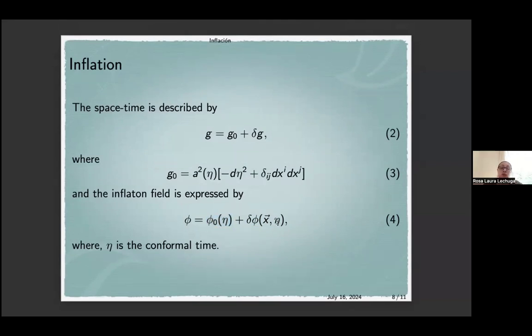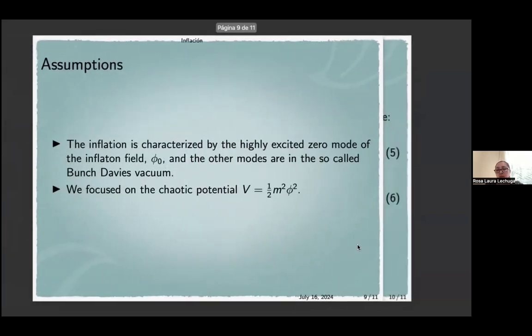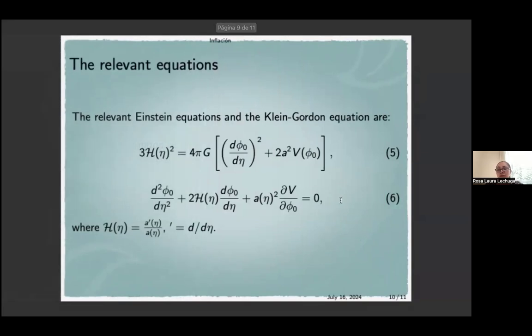But then we need to generate the structure. And tomorrow we're going to see how to get the other modes, and how to connect with the expansion: at what moment of the expansion the structure starts to grow.